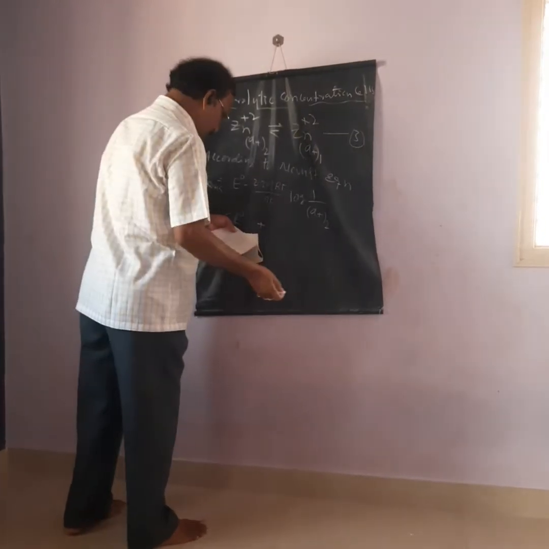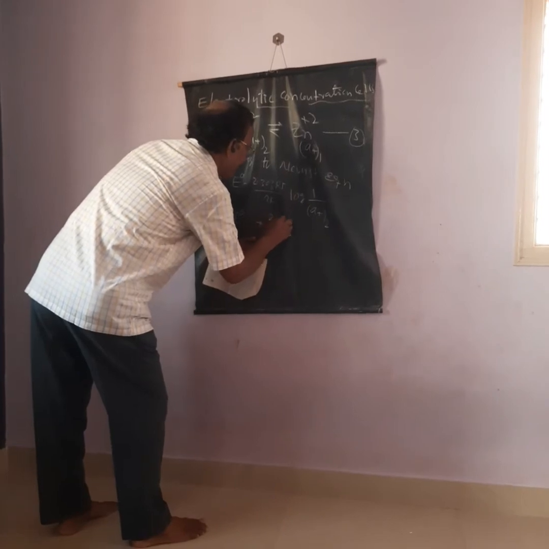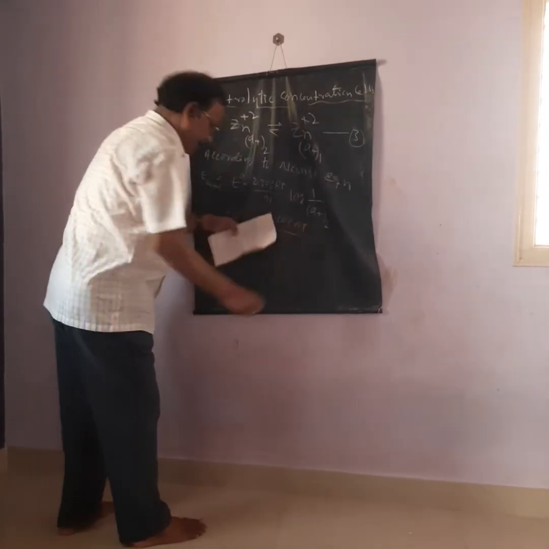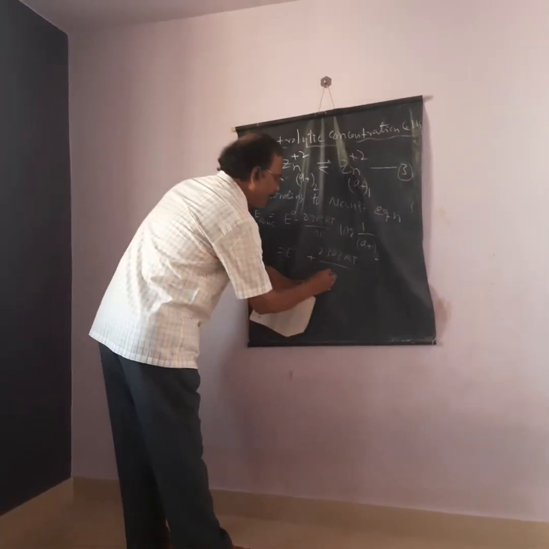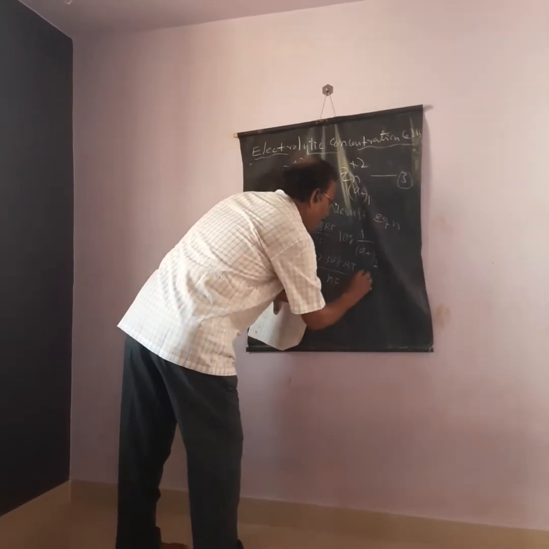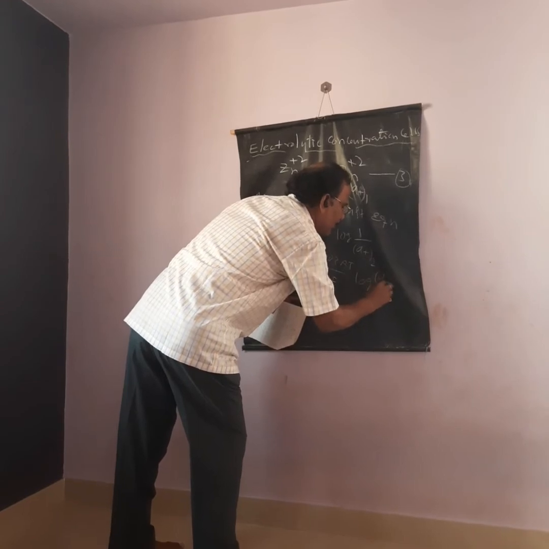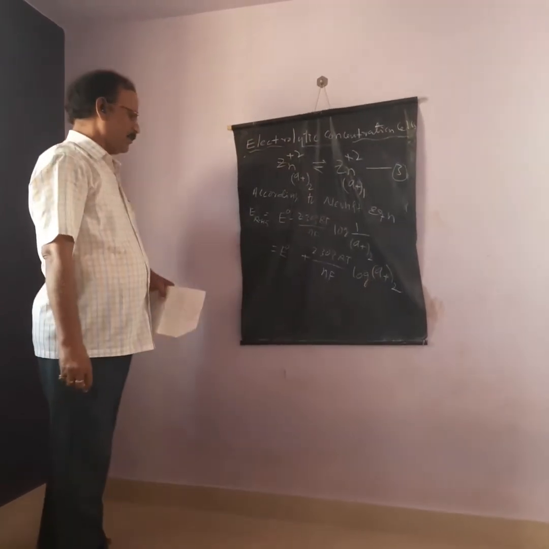So that is equal to E0 plus 2.303 RT divided by nF into the logarithm of A2+, the activity of the zinc ion.